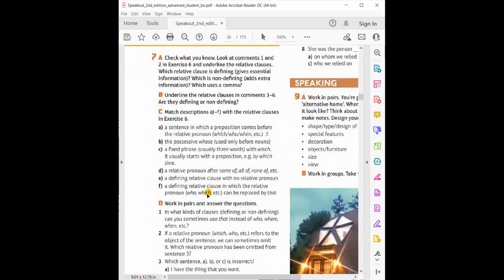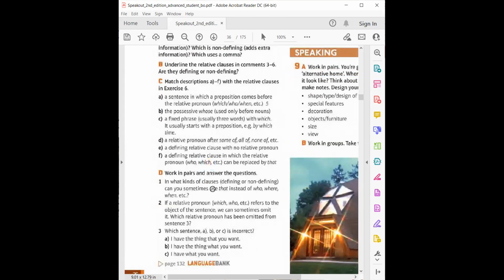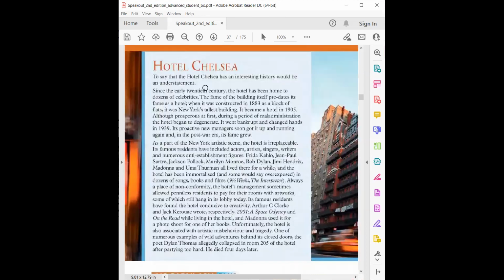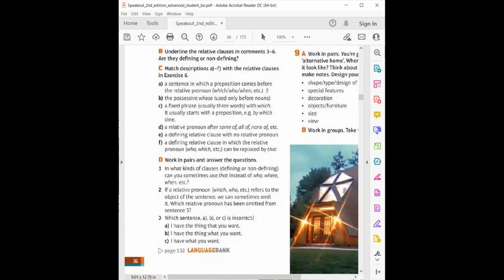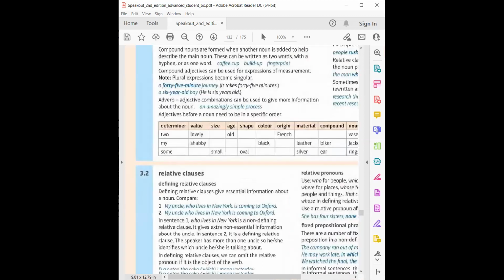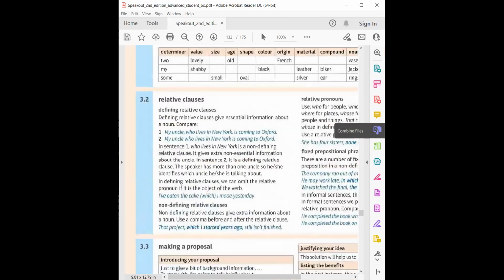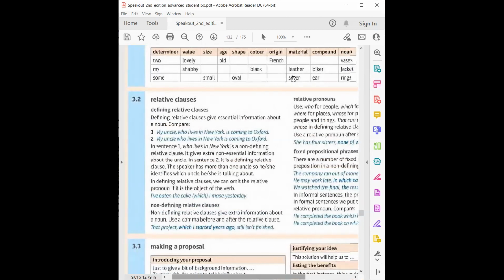Which page? One second, please. It's page 132. Okay. Did you find it? Yes.